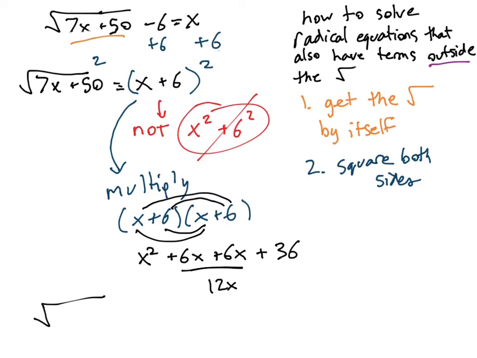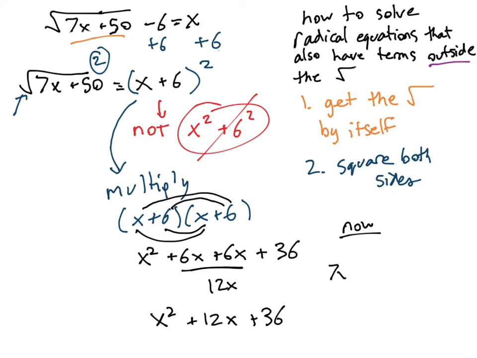So now the equation that we're dealing with actually no longer has a radical in it, because when we square the side of the equation that has the radical, the square root and the square cancel out, and we just have 7x plus 50. And on the other side of our equation, we have this set of terms that we got from squaring x plus 6, which means we multiplied it times itself and got x squared plus 12x plus 36.